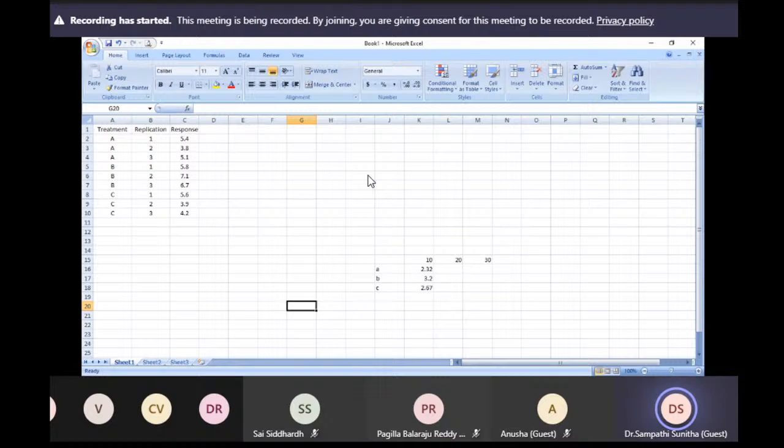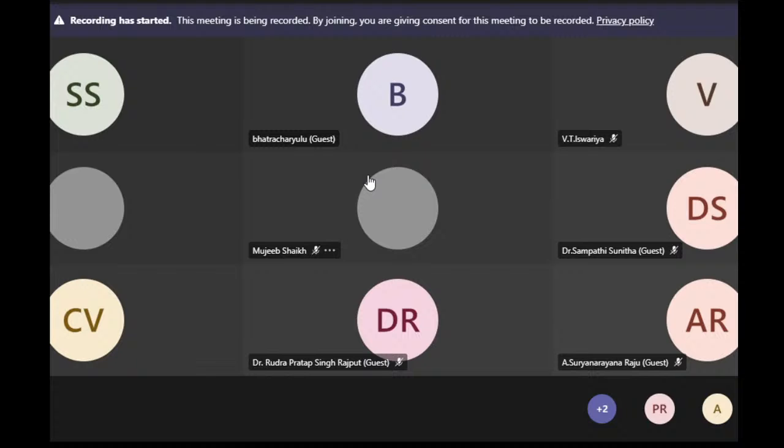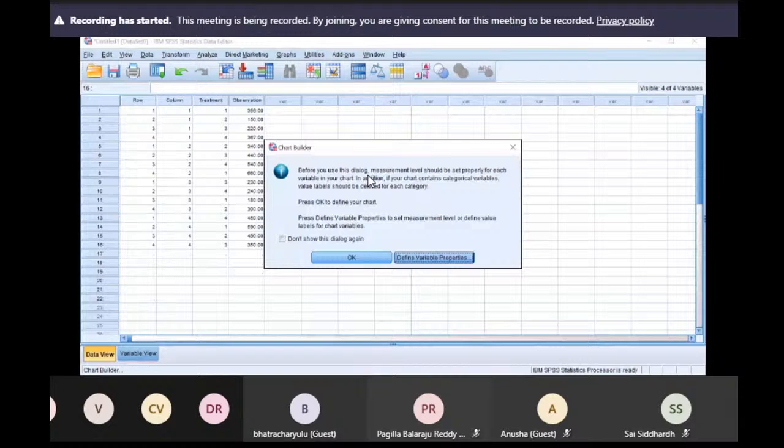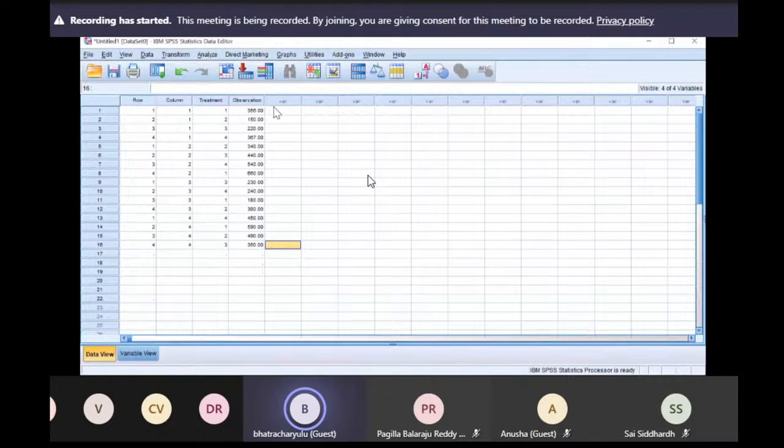Anusha, please show the graphs by sharing. Show how to draw the graphs generally.